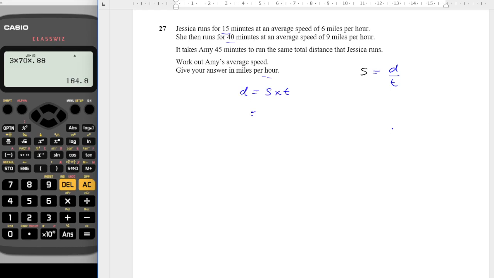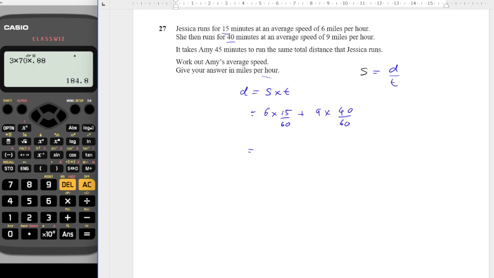So the distance that Jessica travels is going to be the speed, 6 times by 15 out of 60 minutes, plus the distance she travels in the second part, which is 9 times by 40 out of 60.